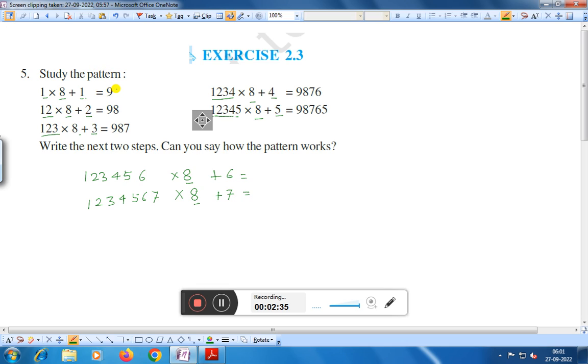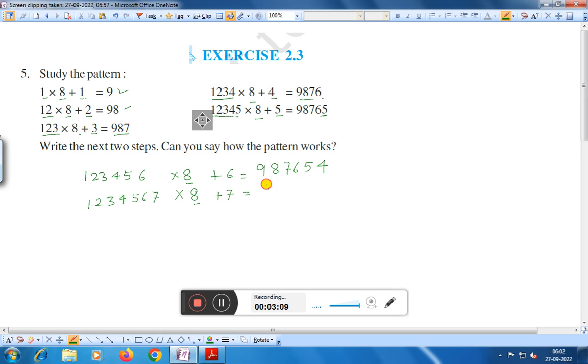Here you see this number is 9. After that 9, 8. 8 means 9 minus 1, that is 8. After that 9, 8 minus 1, that is 9, 8, 7. After that the number is 9, 8, 7, 6. After that 9, 8, 7, 6, 5, one less. Therefore the next number will be 9, 8, 7, 6, 5 and one less, that is 4.